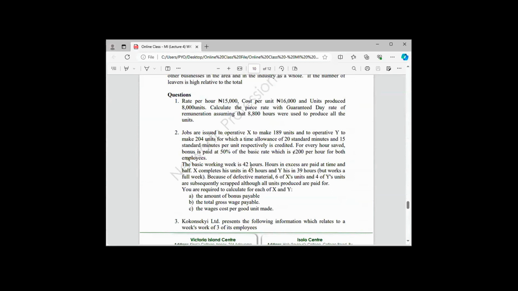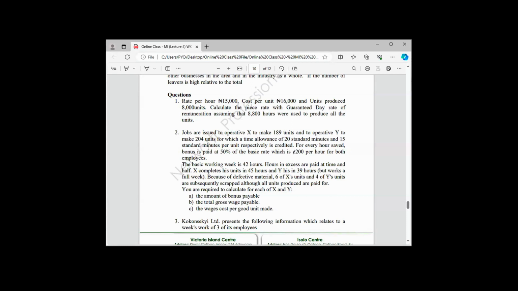Yes, sir. Jobs are issued to operative X to make 1,890 units, and to operative Y to make 204 units, for which a time allowed of 20 standard minutes and 15 standard minutes per unit, respectively, is credited.